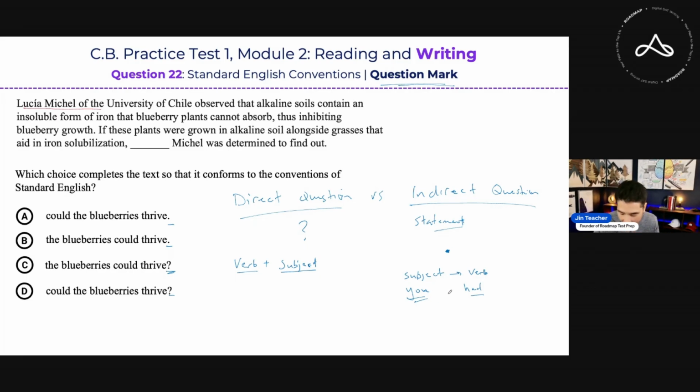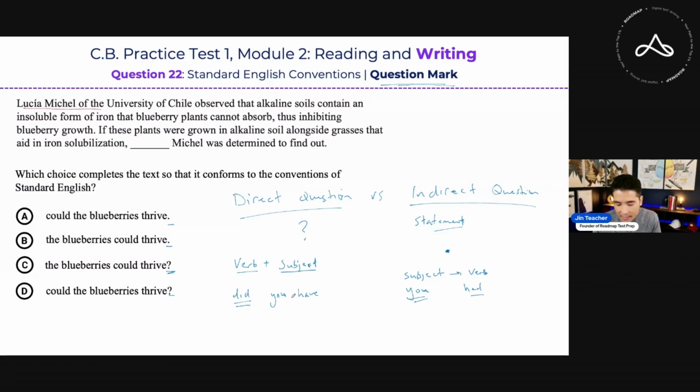So you would be the subject and had would be the verb. Versus if I ask you the direct question, what did you have, can you guys see? So did is the verb here that comes before the subject you, right? So I thought about what you had for dinner versus what did you have for dinner, right? That's the arrangement of words.